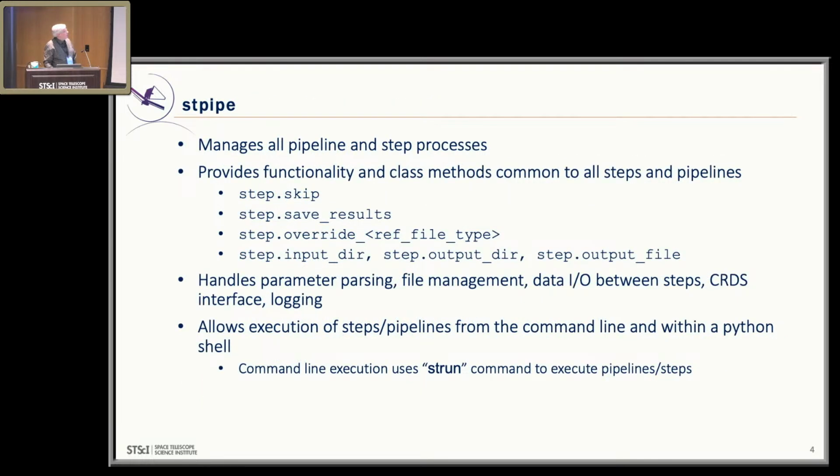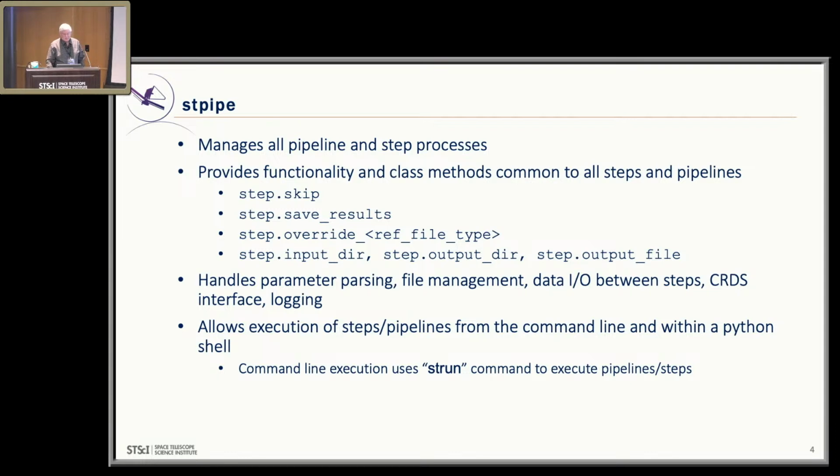So the ST pipe package, as I mentioned, manages all of the pipeline and step processes within each pipeline. It provides some common parameters or arguments that are available to all steps and pipelines. I list a few of them here on the slide, a few parameters that give you the ability to tell it to skip or not skip a step, or to save results coming out of a particular step.